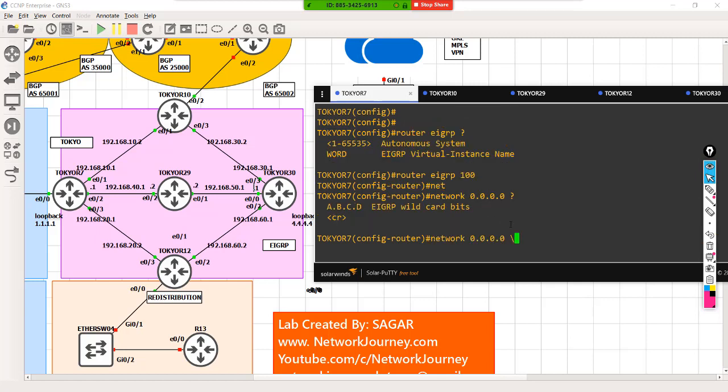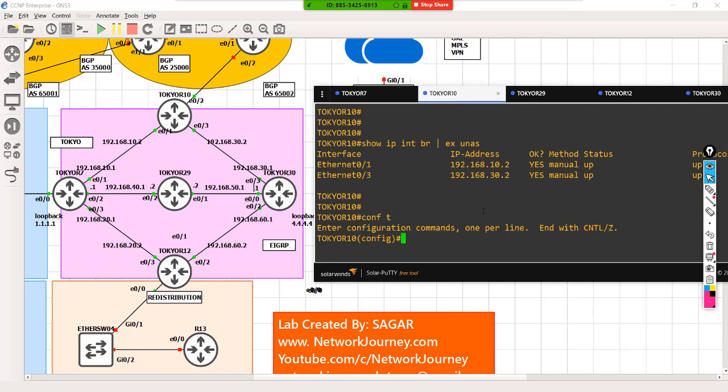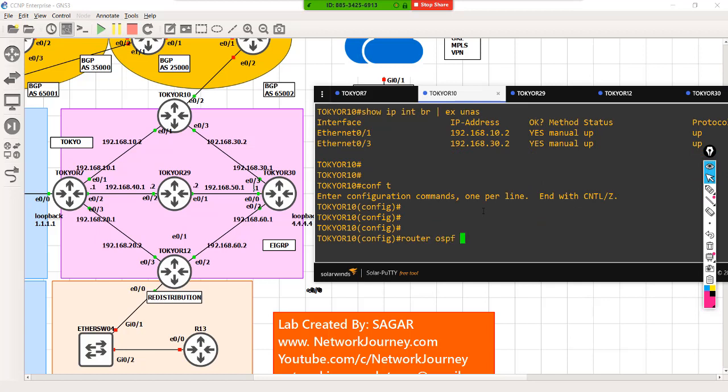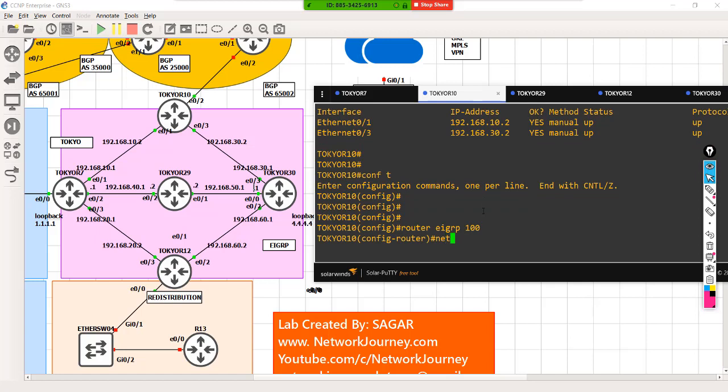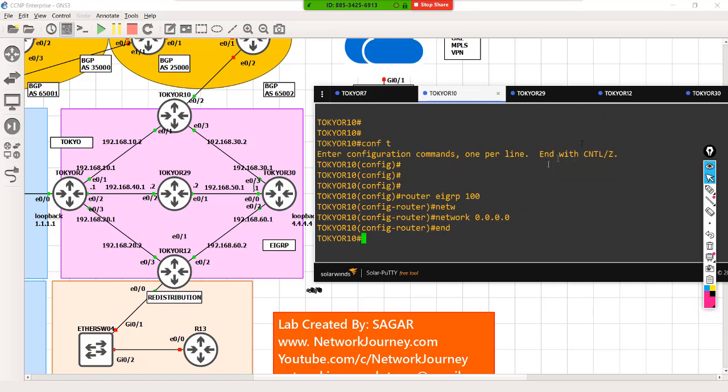Press enter. In a similar way, go on to all the other routers: configure terminal, router EIGRP 100, network 0.0.0.0, and come out of this.